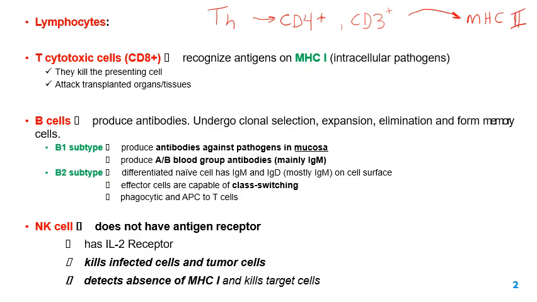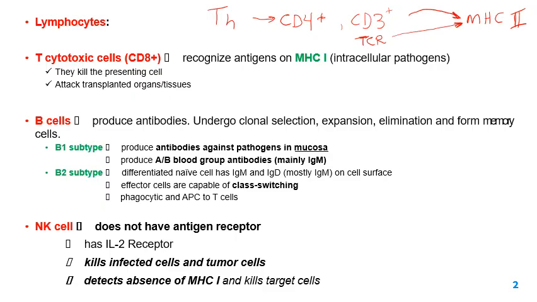The molecule on the T helper cell that recognizes MHC2 is actually the T cell receptor. Right? So the T cell receptor recognizes this protein molecule that is present on MHC class 2. Okay.